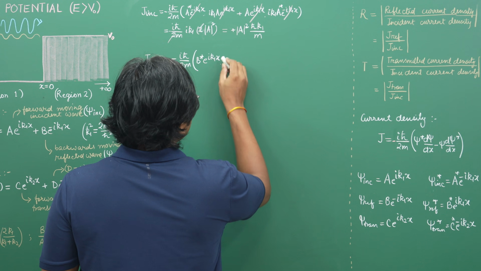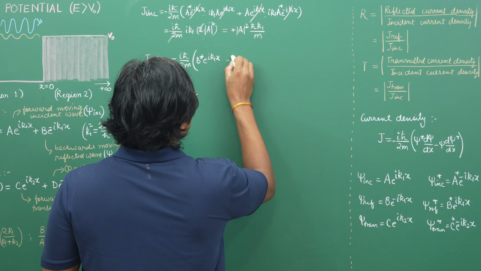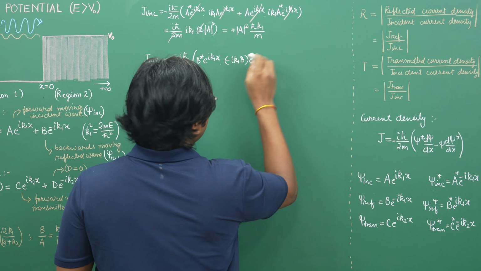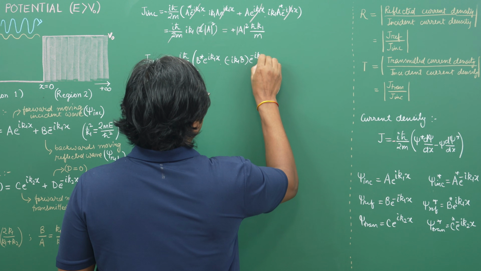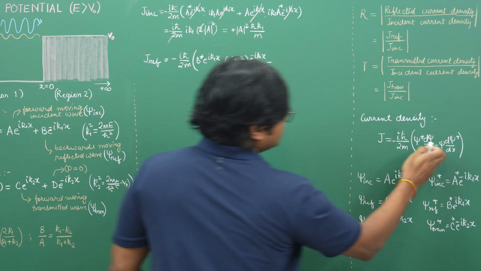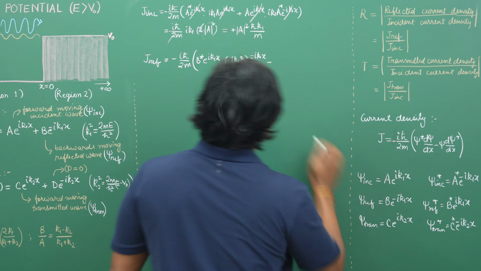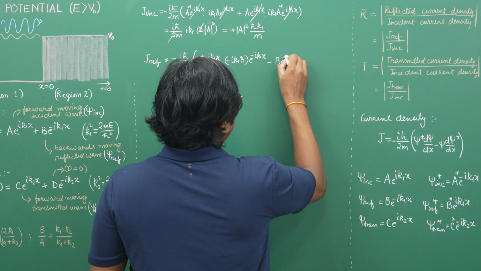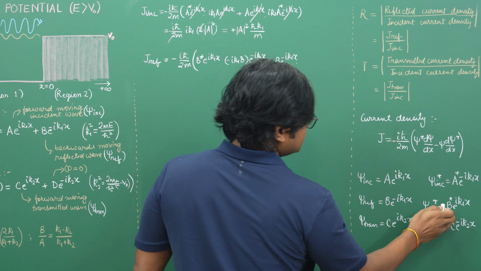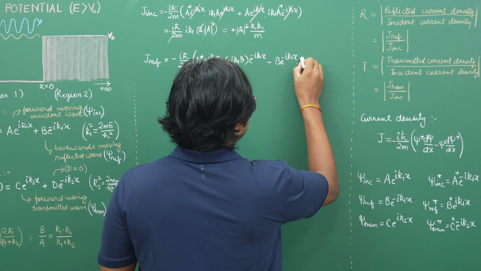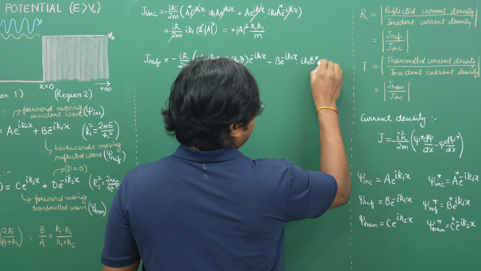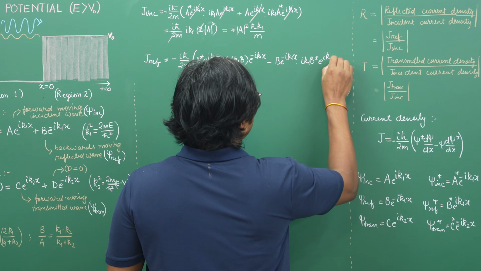So this becomes minus iota k1 b e to the power minus iota k1x minus, and here I have psi for b. So this is b e to the power minus iota k1x, and then d upon dx of this, which is iota k1 b star e to the power iota k1x.